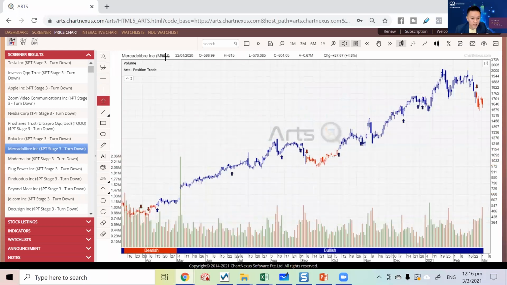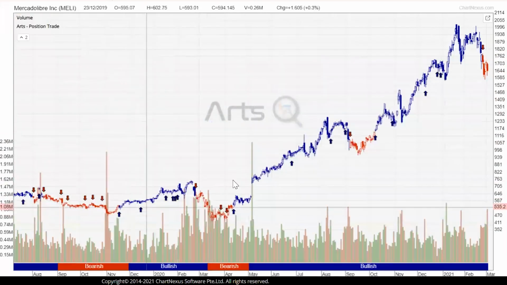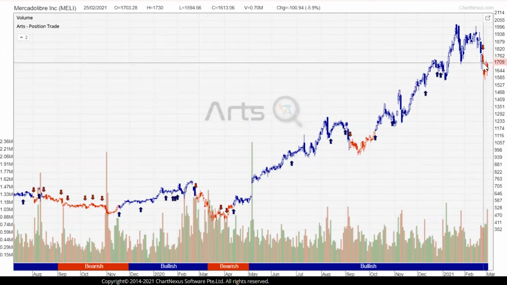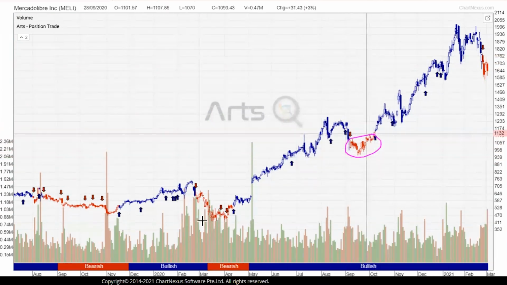This Meli is a pretty solid company, like the Amazon. Usually when the market is good, it is up, but right now it turns red. So what does this mean? This means that it probably has to rest for a while.